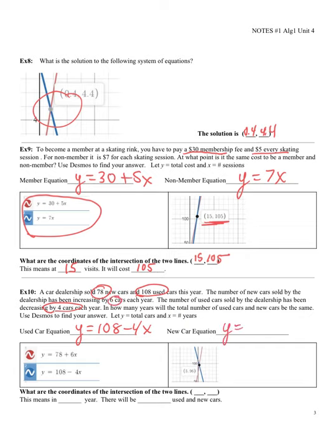So y equals 78 plus 6x. Go into Desmos, put in your points, and you will see that 3, 96 is your point of intersection. That means in 3 years, there will be 96 new and used cars. Sorry, and your point of intersection is 3, 96.